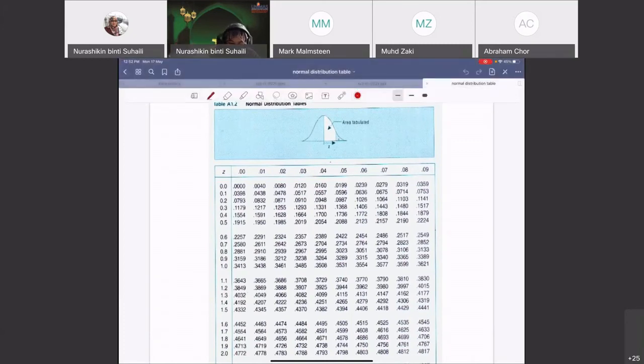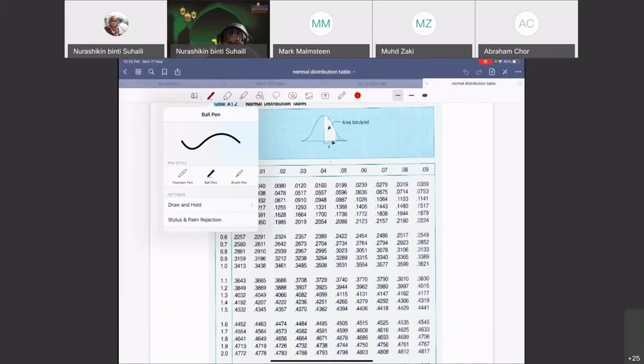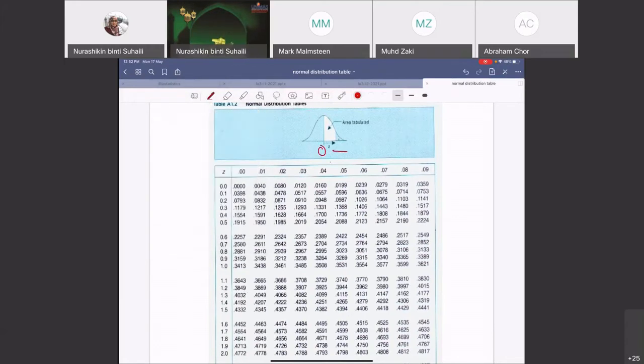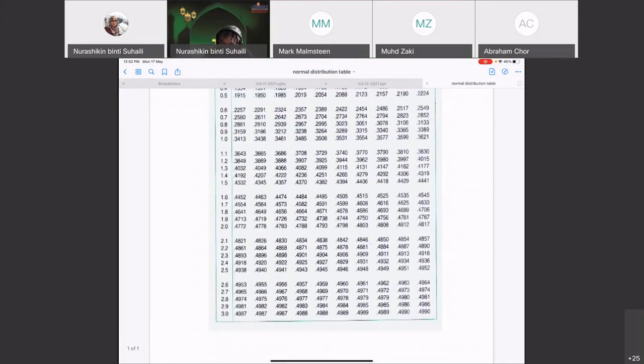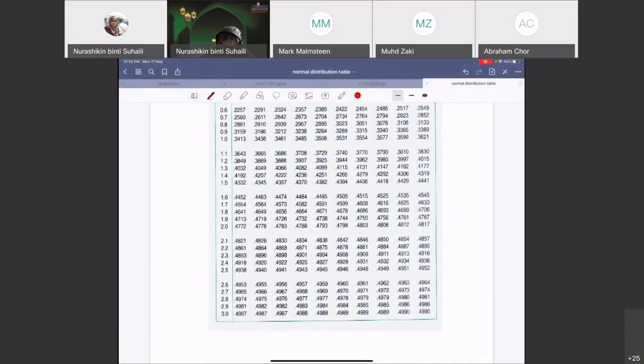So it means that you just have to imagine the area from 0 to positive Z here, which means 0.5. The area under the curve here is 0.5. So if you see the table, the final value is given by 0.4999, which is actually equal to 0.5.